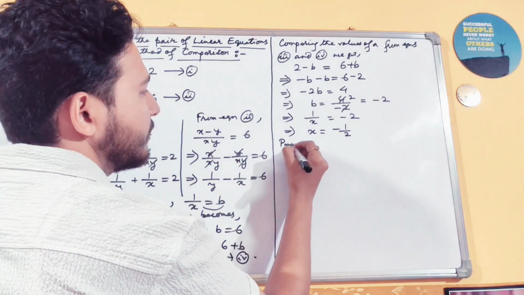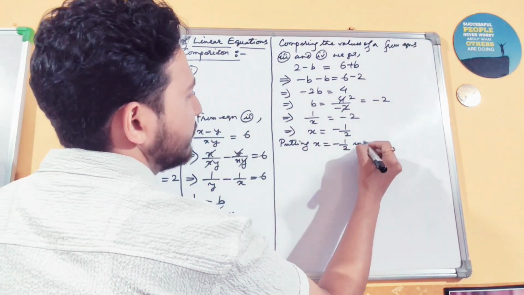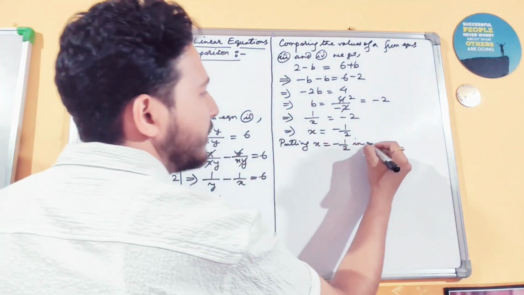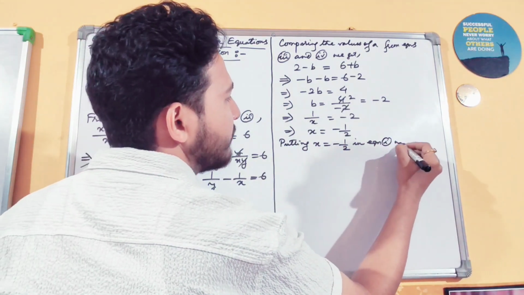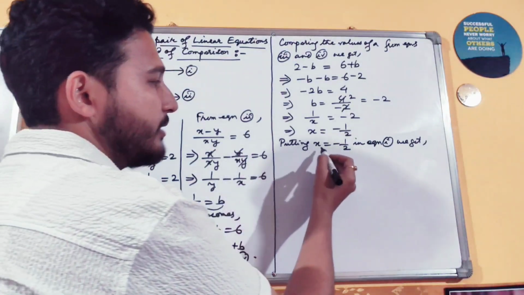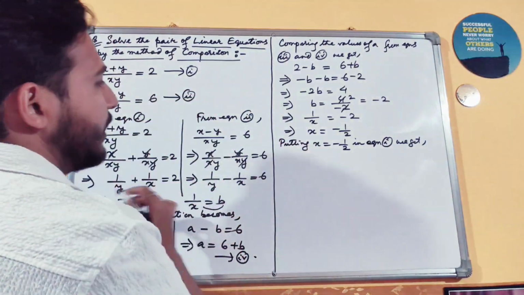Now putting x is equal to minus half in equation 1 we get, so what is equation 1?